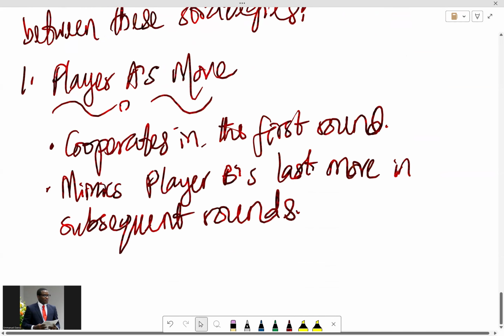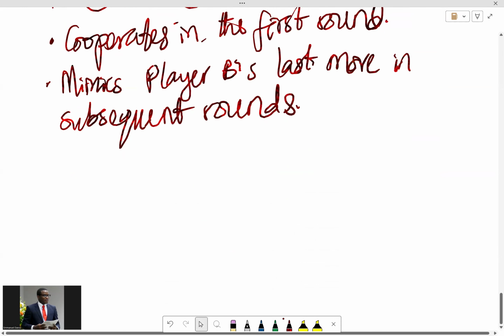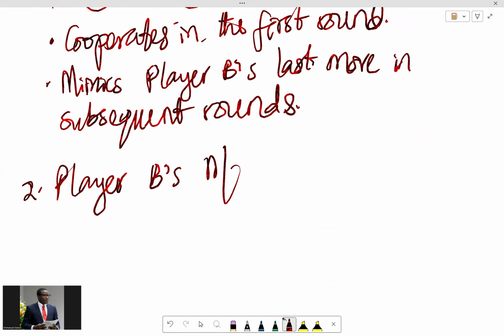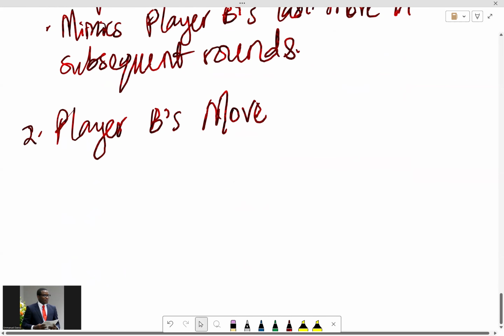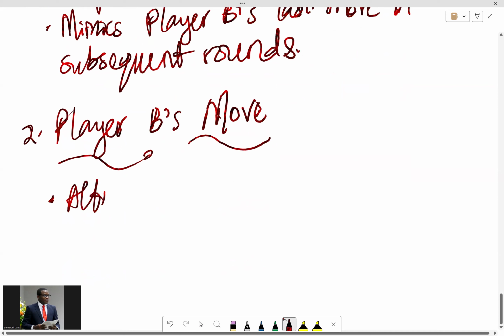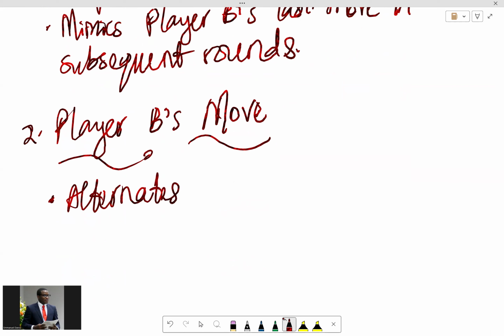Then we talk about player B's move. For player B's move, player B just alternates between cooperation and defection.